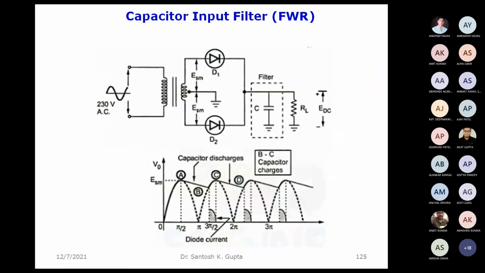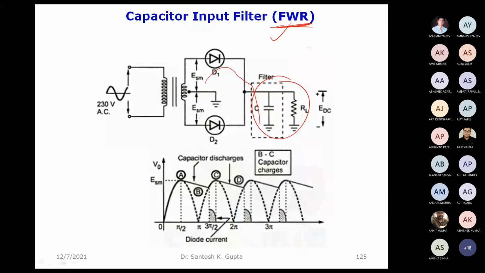A similar thing we can also argue for the full wave rectifier, FWR. Again, we can put the capacitor across the load as shown. For the first half cycle, the capacitor charges to Vm.